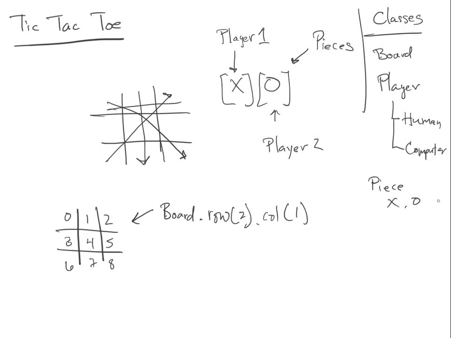Let's go ahead and sketch out what we think this board class is going to look like. So let's create a nice little layer for us here. Okay, so we're going to have a board. And this board, like we know, let's draw it over here, has 9 positions.